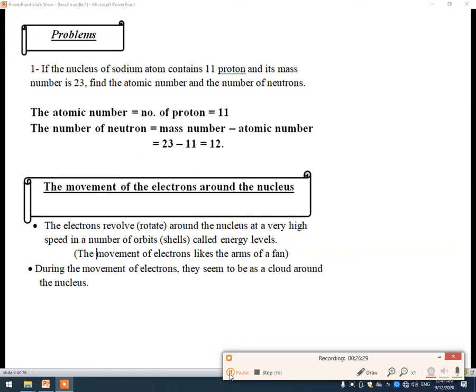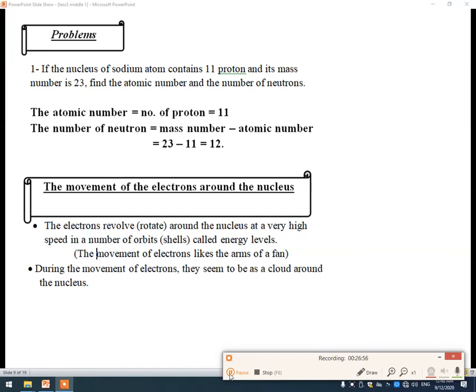The electrons rotate around the nucleus at very high speed in a number of orbits or shells, like the streets, the way of the street. So the electrons move in a special way called a shell or orbit. Again, the electrons move around the nucleus in ways.